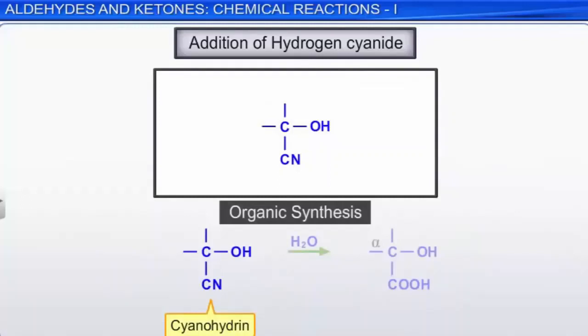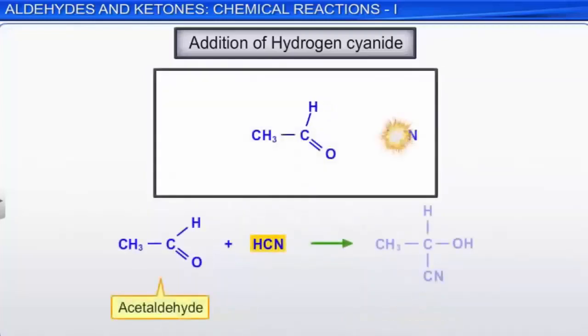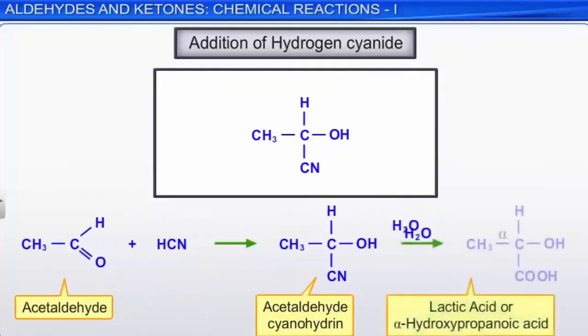They undergo hydrolysis to yield alpha-hydroxy acids or unsaturated acids. For example, the addition of HCN to acetaldehyde yields acetaldehyde cyanohydrin, which, on hydrolysis, yields lactic acid or alpha-hydroxypropanoic acid.